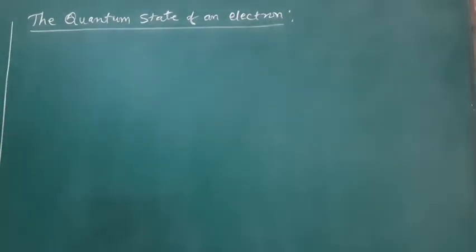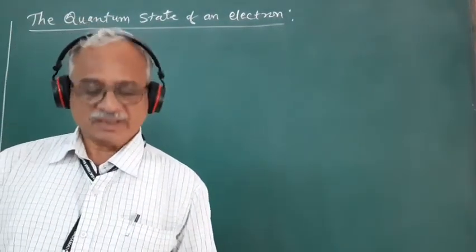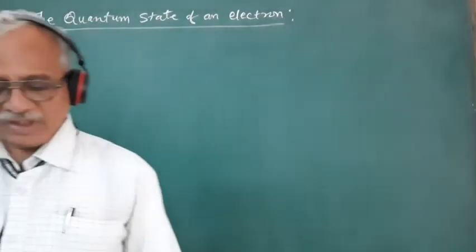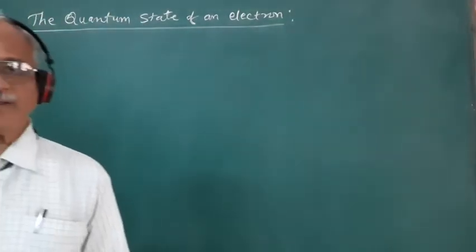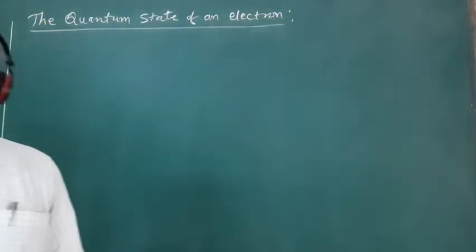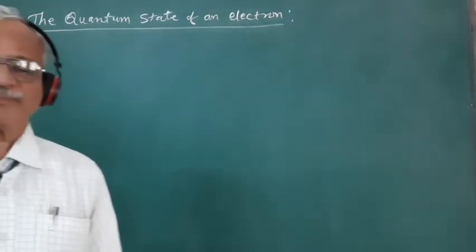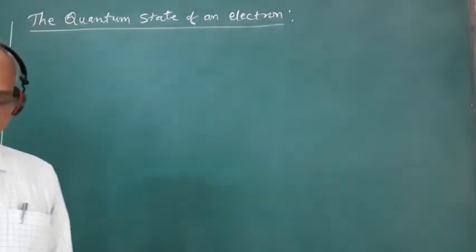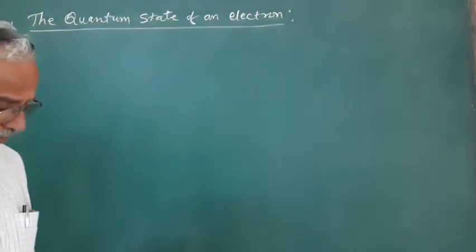As I have said earlier, every electron in an atom has its unique set of all the four quantum numbers, such as n, l, ml and ms. n is the principal quantum number, l is the orbital quantum number, ml is the orbital magnetic quantum number and ms is the spin magnetic quantum number.